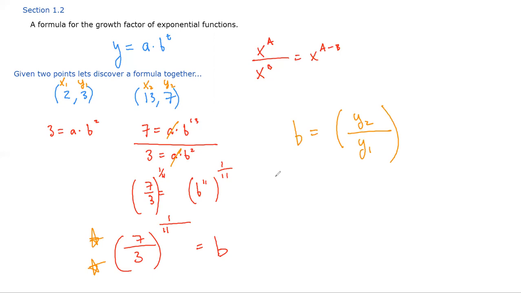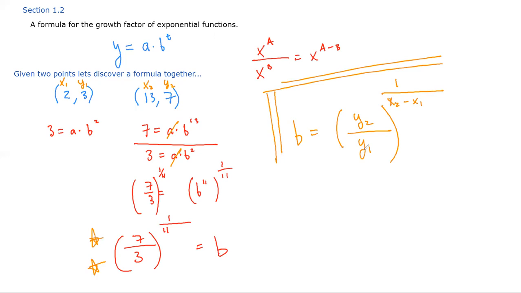And then we raise that to what power? Well, it was 1 over x2, which was 13, minus x1, which was 2. And this right here, my friends, is my magic bus. And I will use this formula to determine the growth factor.